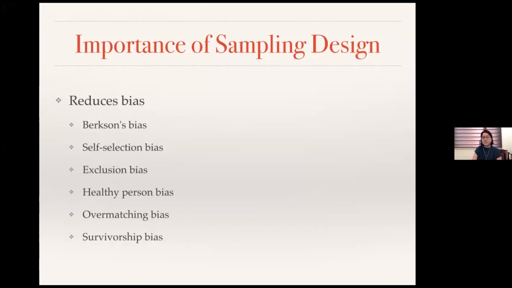Overmatching bias is when you try to match each and every condition, let's say outcome, smoking, and let's say a person with males. In our culture, males are known to be more of a smoker, but we want to match everything the same, no?